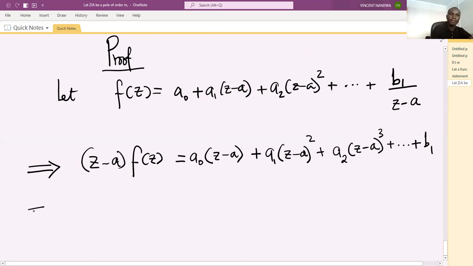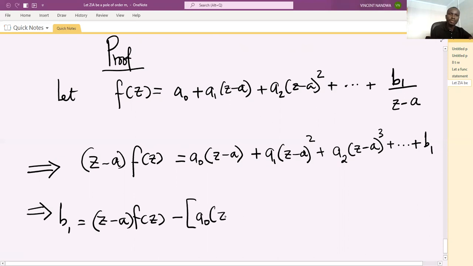Making b1 the subject, we get z minus a times f of z, and then you subtract these other terms: minus a naught into z minus a plus a1 into z minus a squared plus a2 z minus a power 3 plus other several terms.